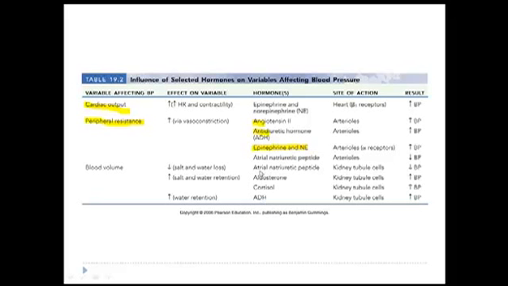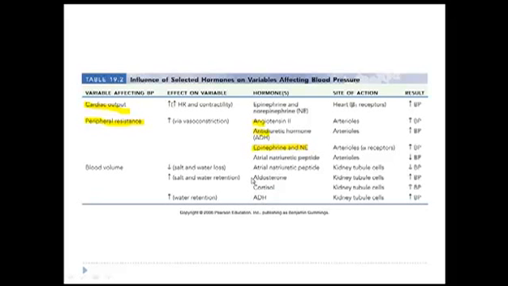Atrial natriuretic peptide we spoke of as being the only hormone that we'll talk about in here that will decrease your blood pressure. So if we're going to decrease your blood pressure, we're going to increase urination. We're going to be a diuretic, so it'll decrease the amount of salt and help you lose water. Aldosterone, cortisol, and ADH will all have the opposite effects.